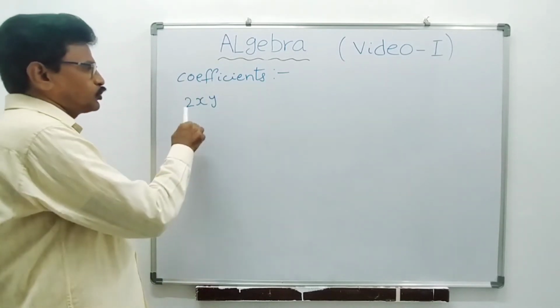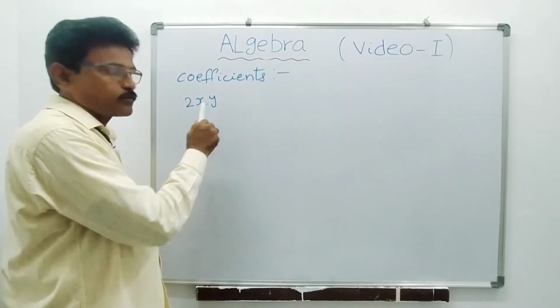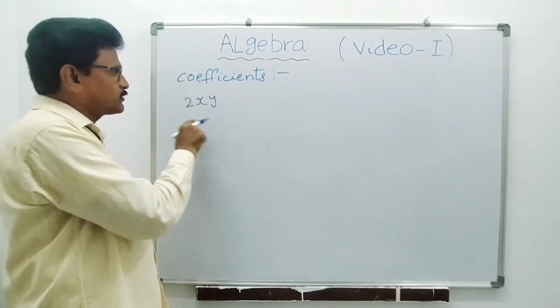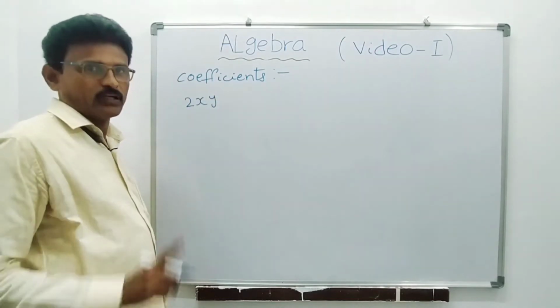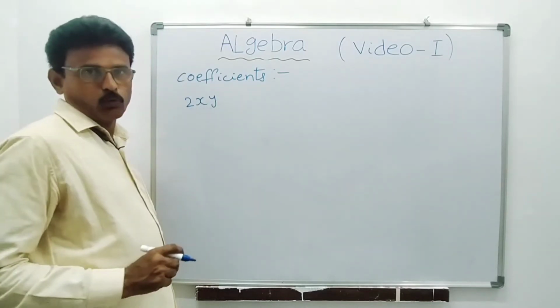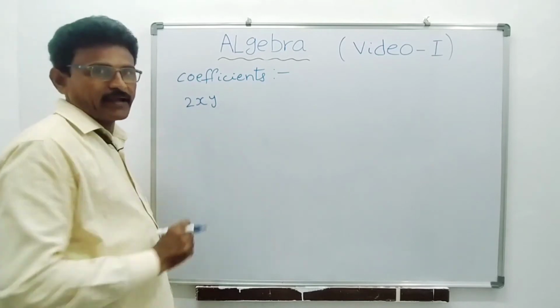Here 2 into x into y. 2 is a constant number, x and y are variables. Okay. 2xy is one algebraic term, only a single term. Here xy is multiplied by 2. So that's why 2 is said to be the coefficient of xy.